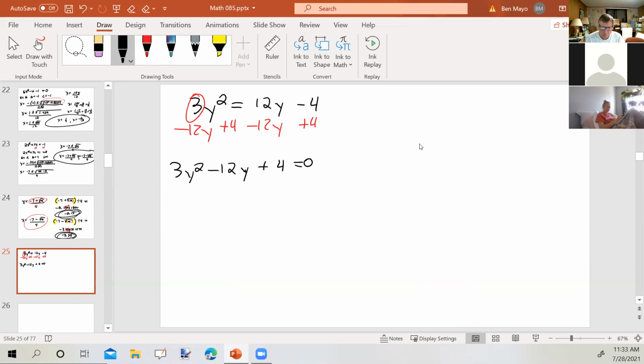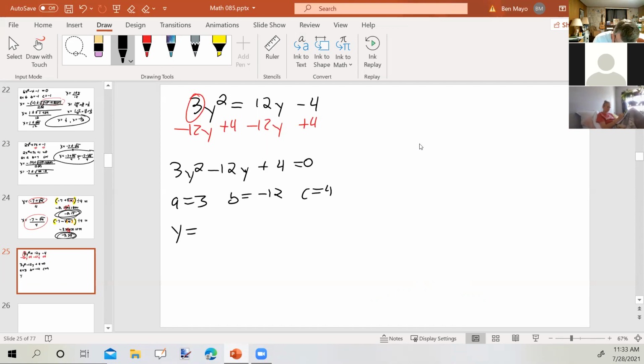Now, we said that the quadratic formula was x equals -b plus or minus the square root of b squared minus 4ac all over 2a. But it works not just for x, but for whatever variable you're solving for. So here, technically, y equals all of that, okay? So what do we got? We've got a is 3, b is -12, and c equals 4.